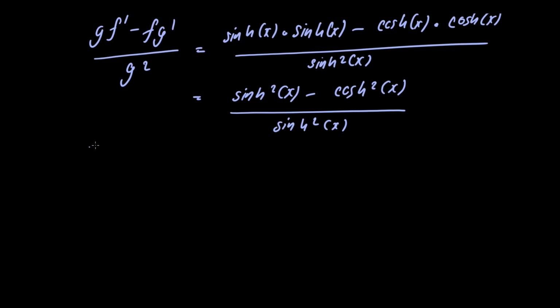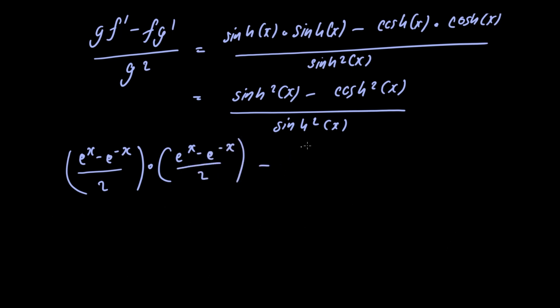So we're going to have e raised to x minus e raised to minus x divided by 2 multiplied by the exact same thing, minus e raised to x plus e raised to minus x multiplied by the exact same thing again.